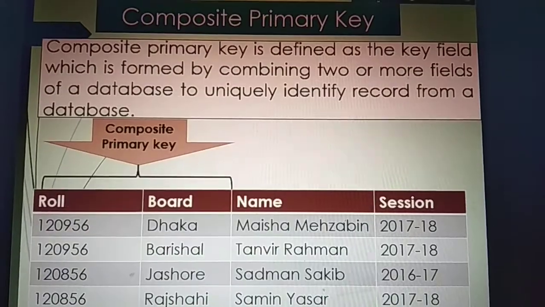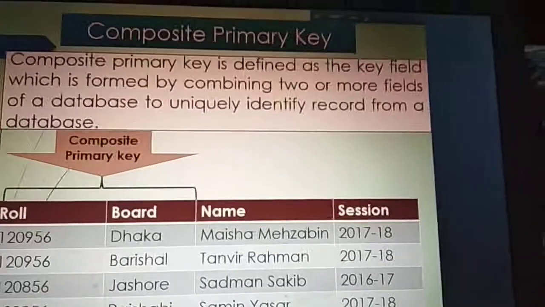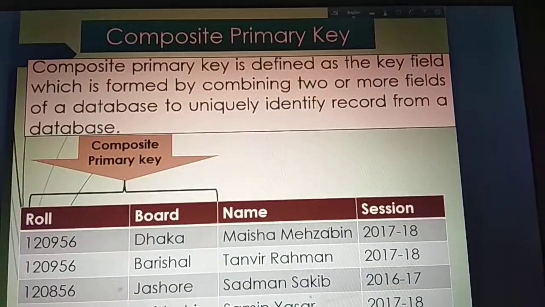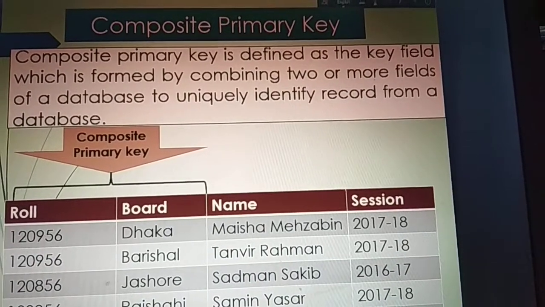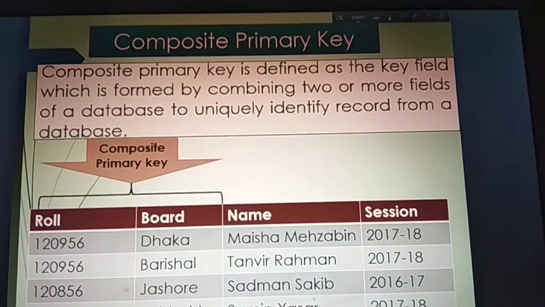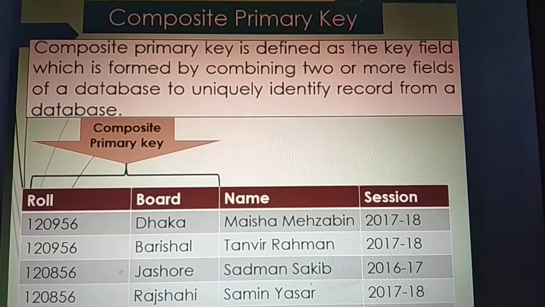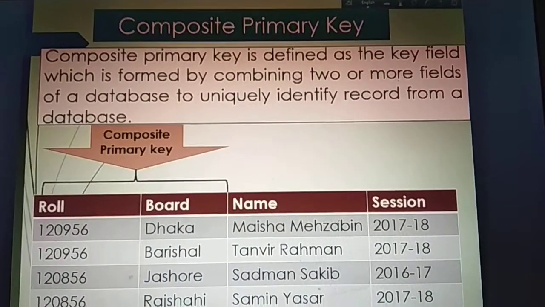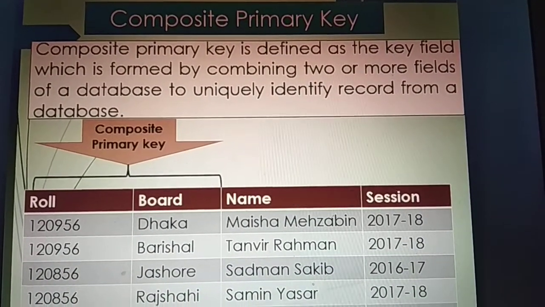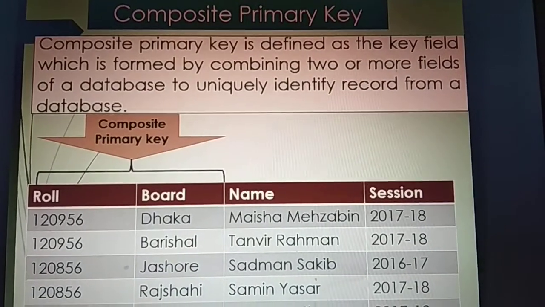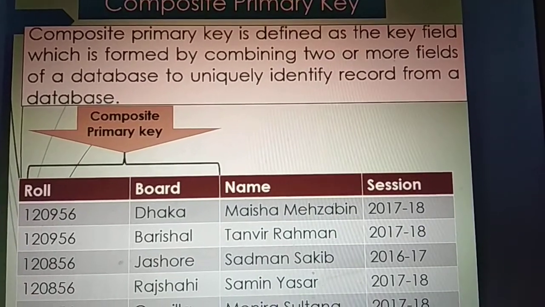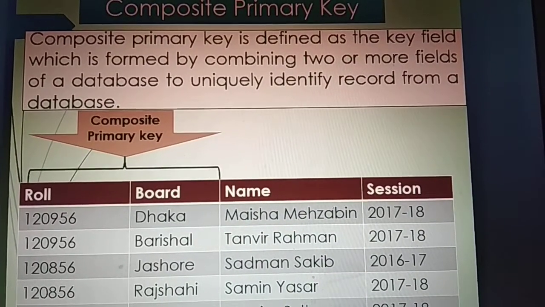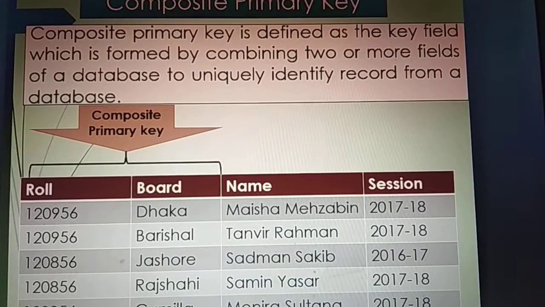Then the composite primary key. A composite primary key is defined as the key field which is formed by combining two or more fields of a database to uniquely identify a record. Actually, in some situations we have no way to make the primary key using only one field, so in that case we have to combine another field to make uniqueness.